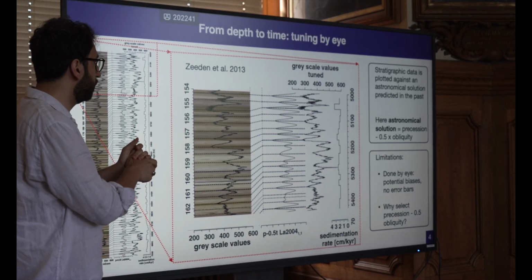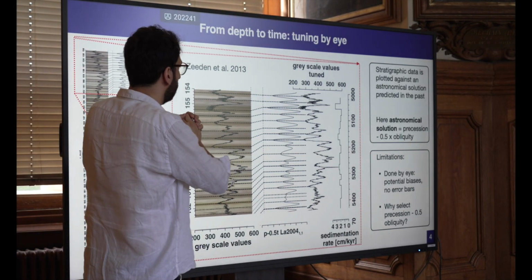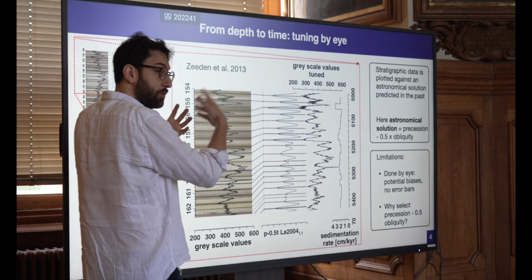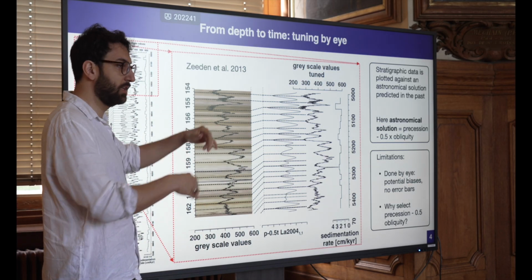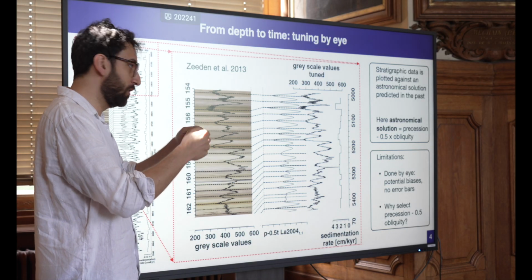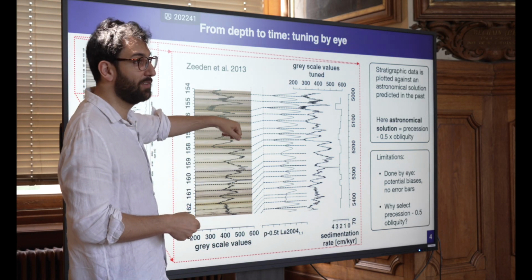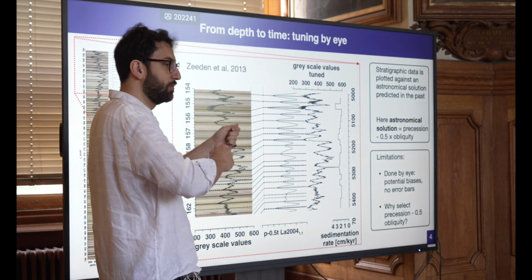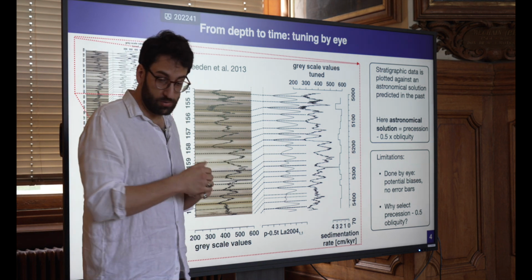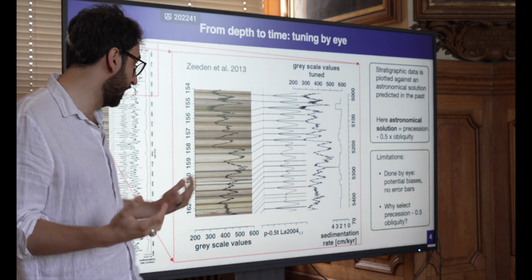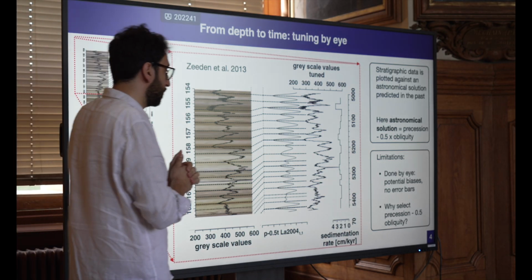But when you do things by eye, then you have potential human biases. When there is some missing data, when the sedimentation rate is very slow, maybe you will miss a valley, you will miss a peak. So this will create a lag in your solution. And also, you need to select an astronomical solution.